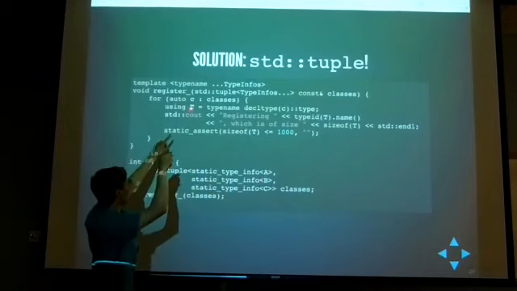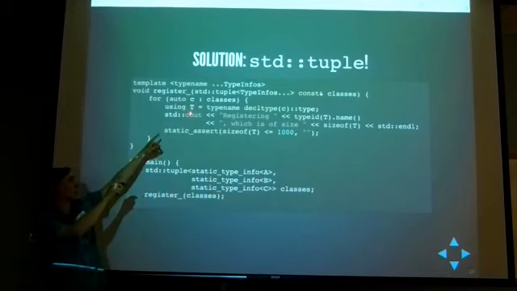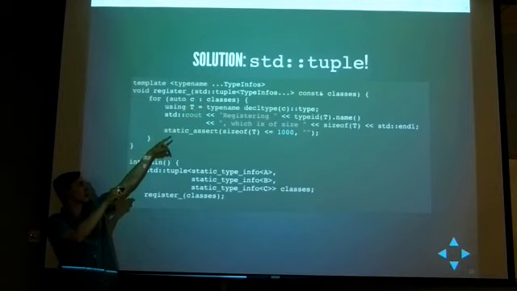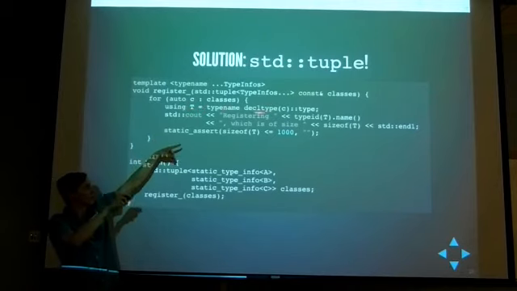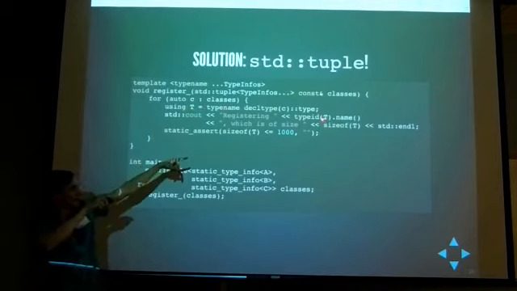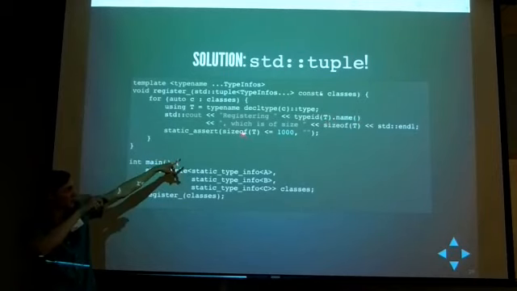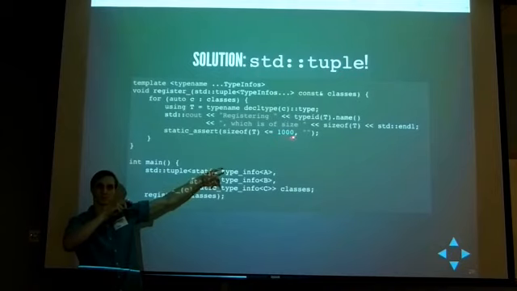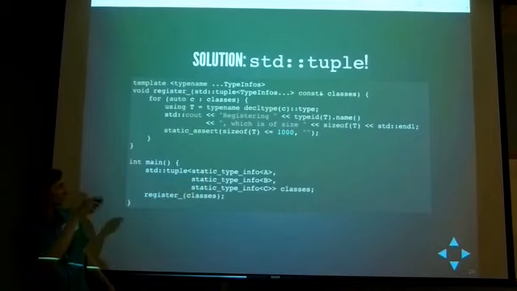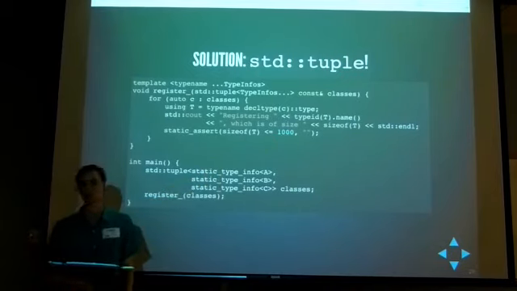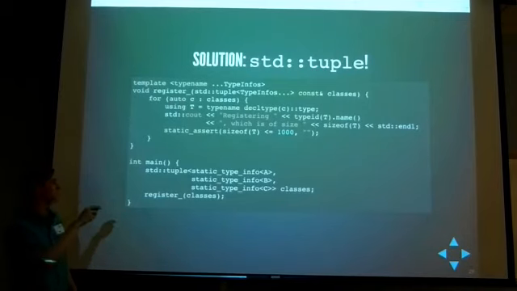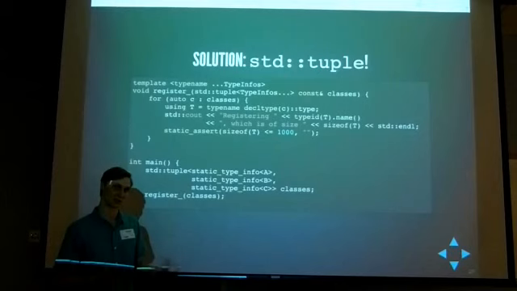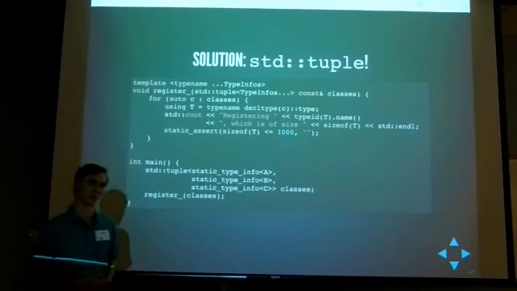So for the first time around in the loop, T is equal to A. Replace that by A. So then you have typeid(A).name, sizeof(A) is less than or equal to 1,000. The second time around in the loop, T is equal to B, because the second element in the sequence is a static type info of B, and so on and so on.